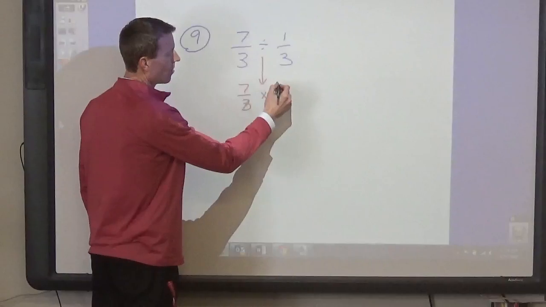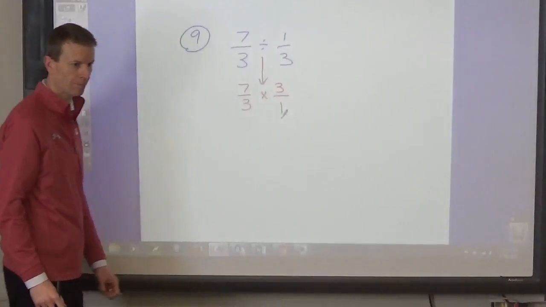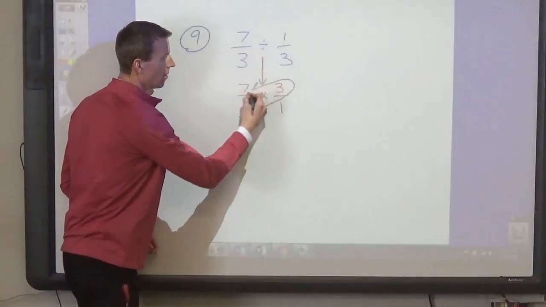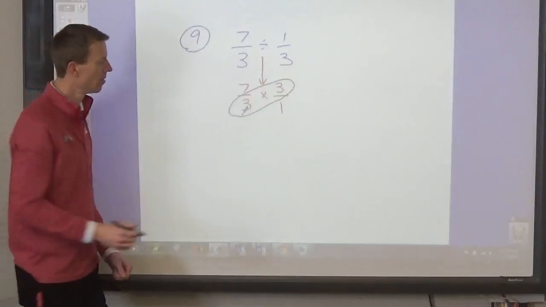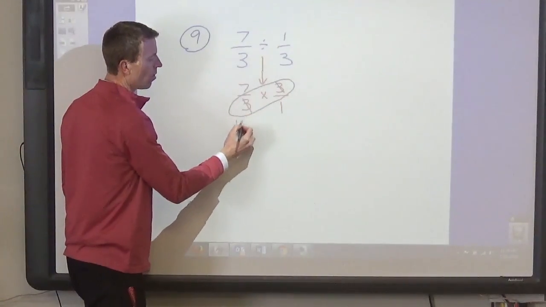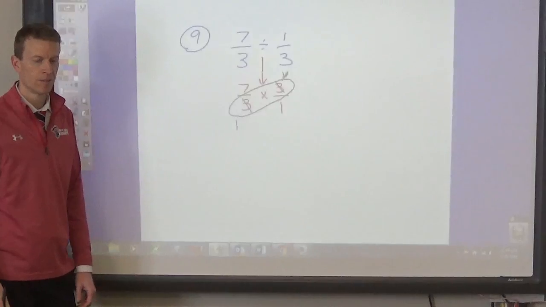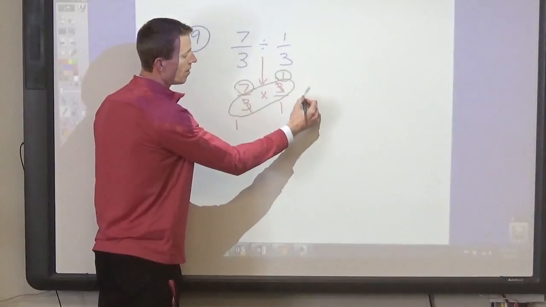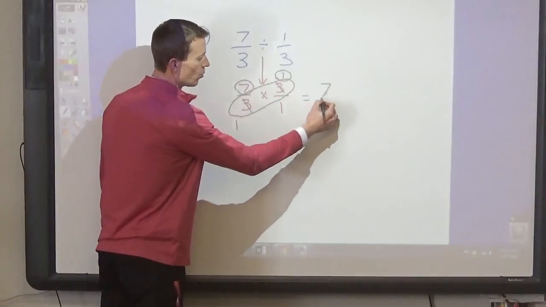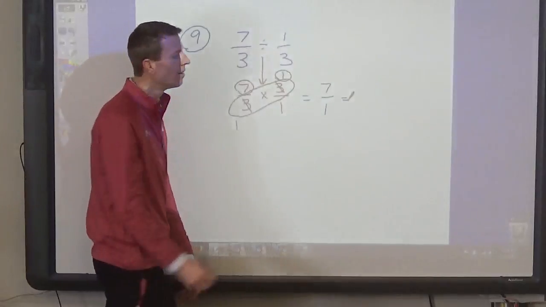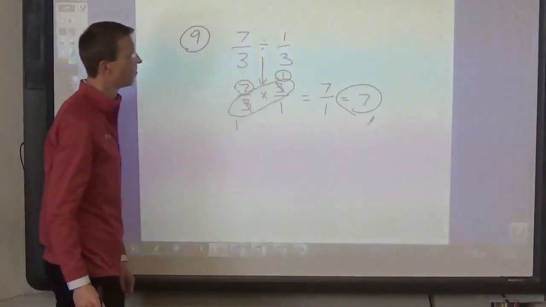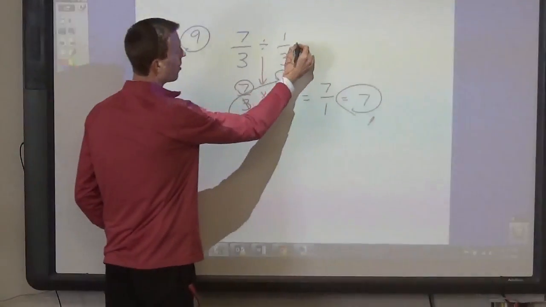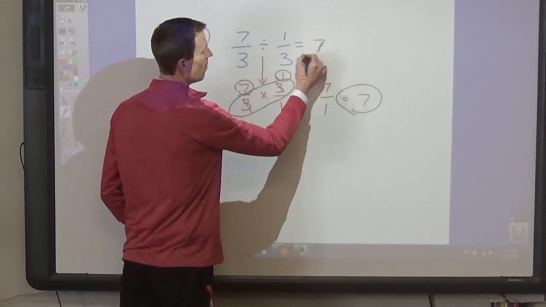Times what, class? 3 ones, 3 over 1. Now, can we reduce this, Olivia? Yeah, reduce it first. So 3 over 3 is 1 over 1. And then multiply. Multiply the top numbers. 7 times 1. 1 times 1. What's the answer? Just 7. Yep. It's the answer to the whole thing. 7/3 divided by 1/3 is 7.